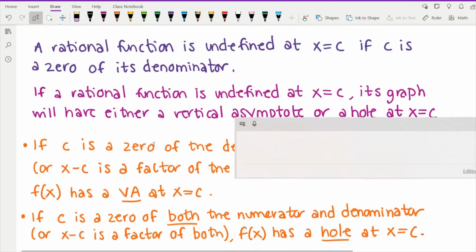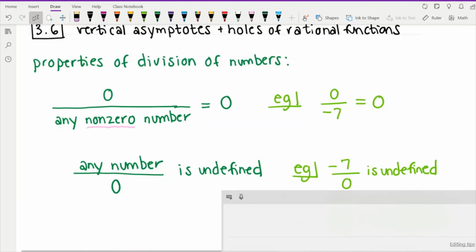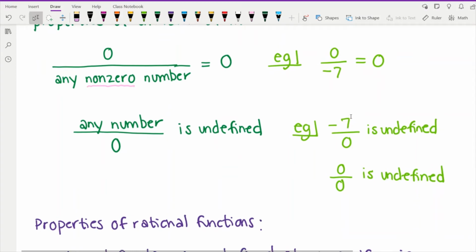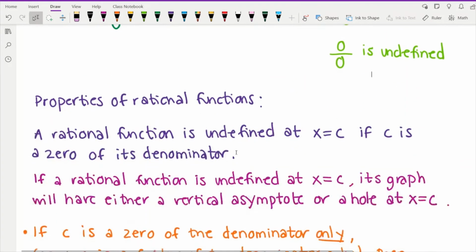So it's going back to this idea up here that any number divided by 0 is undefined. So regardless of whether you have a situation like this one, where 0 is only in the denominator, or a situation like this one, where 0 is in both the numerator and denominator, in both cases it's undefined. But there is a difference in how that undefinedness looks in the graph.